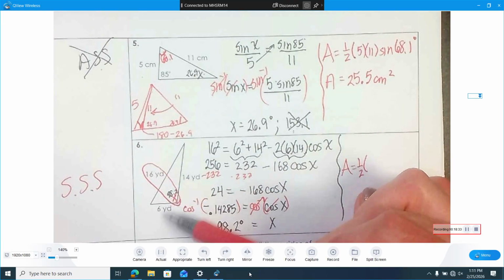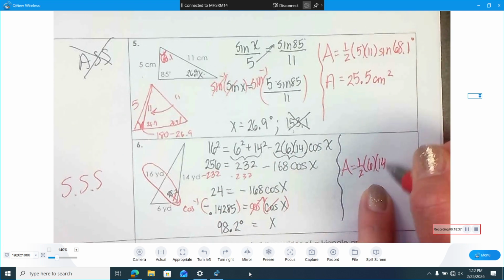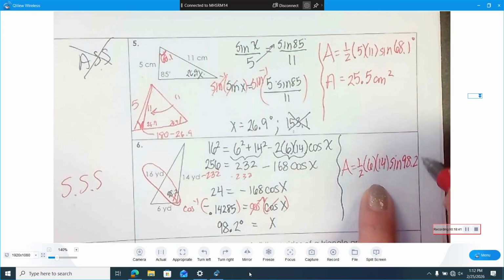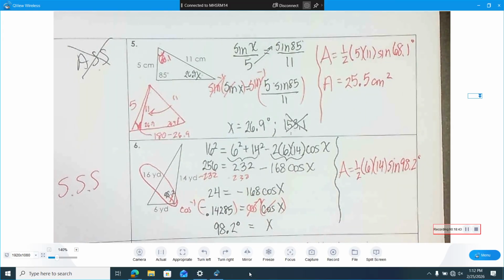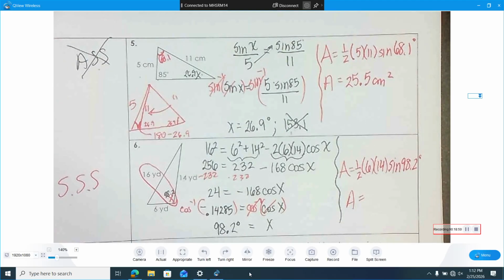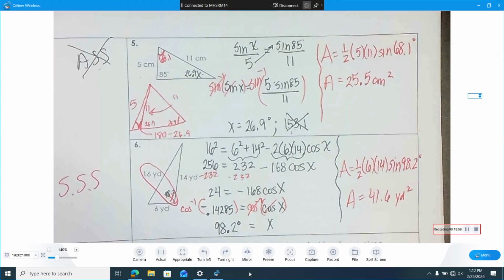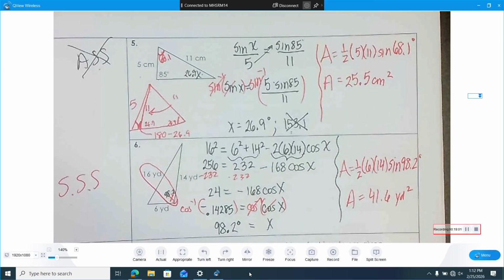If that's 98.2, I'm using my 6 and my 14 again. So 6 times 14 times the sine of that 98.2 degree angle. All right, and what do we get? Good, 41.6 square yards. Good, good, good.